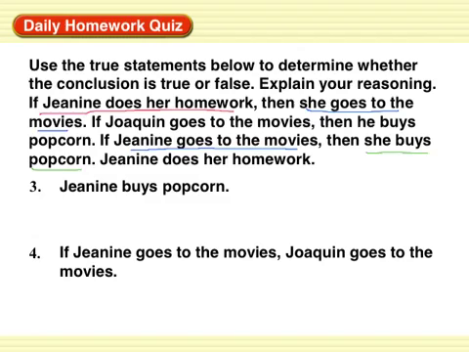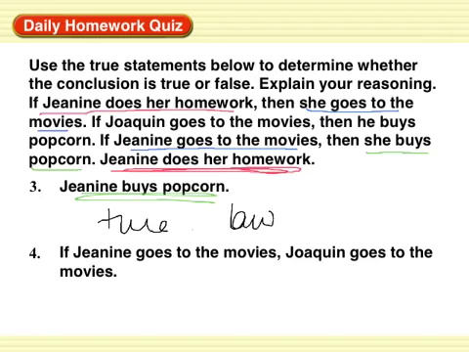Erase. That is very true, and that is the law of syllogism.